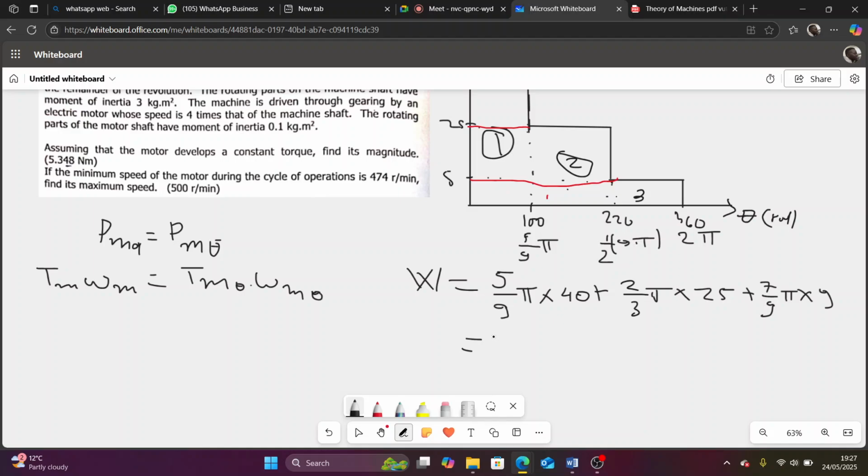And then 5 over 9 pi. It is 70 like this, divided by 5. No, like 70 and 5 over pi over 9. I don't understand. 70, 5 over 9 pi, like this.